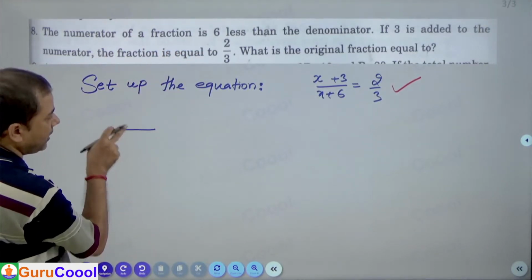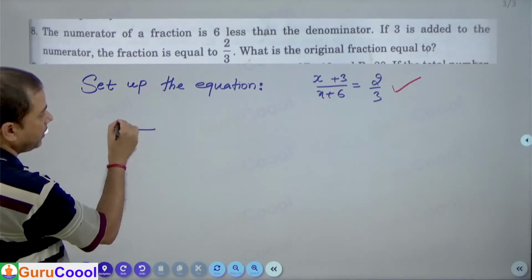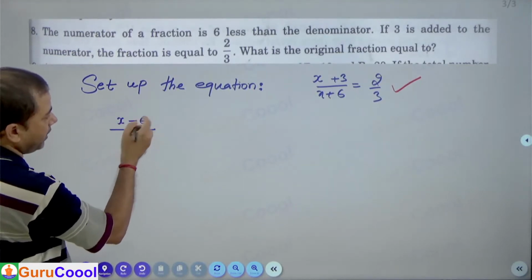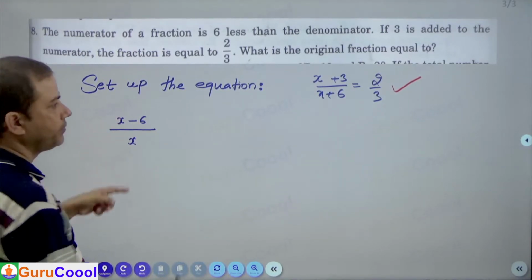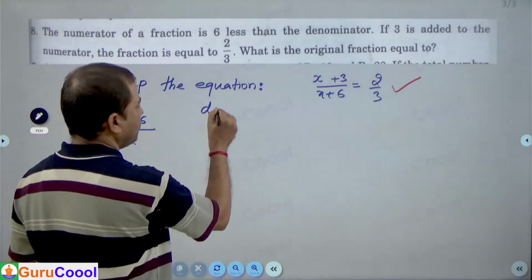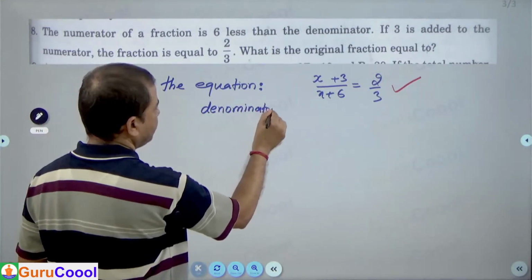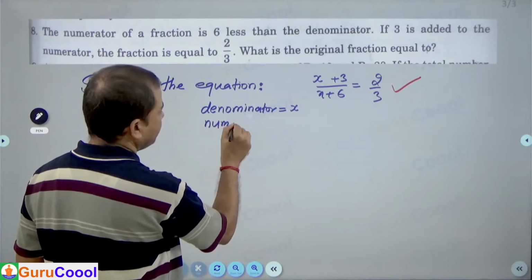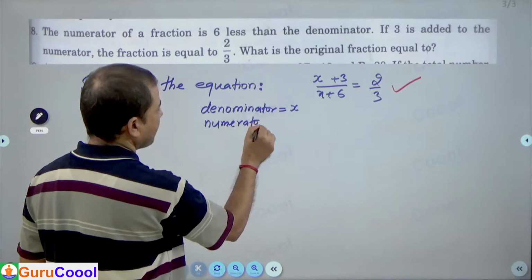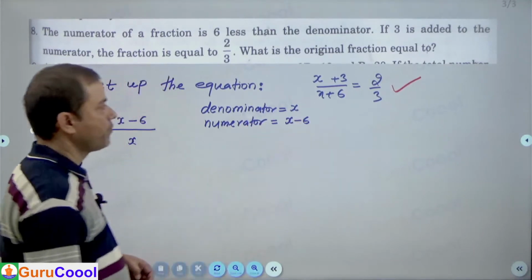So if you write x in denominator, you will write x minus 6 in numerator because numerator is 6 less. Correct? If we assume denominator equals x, then how much should be numerator? 6 less, Sir, x minus 6.